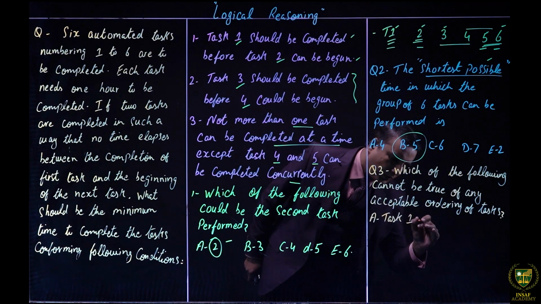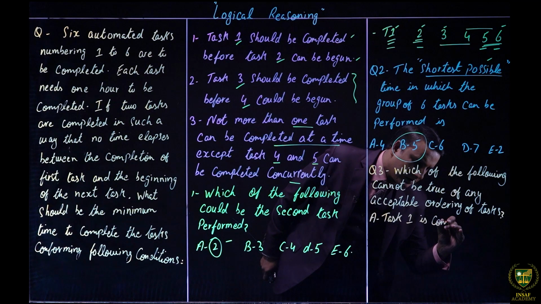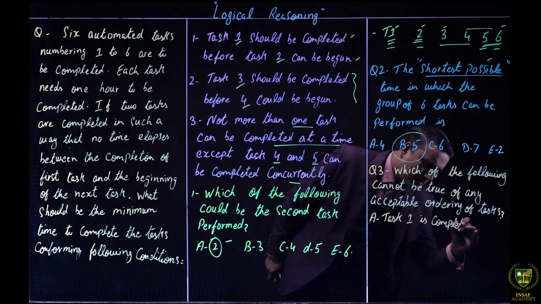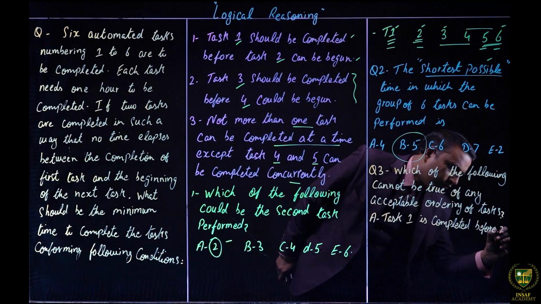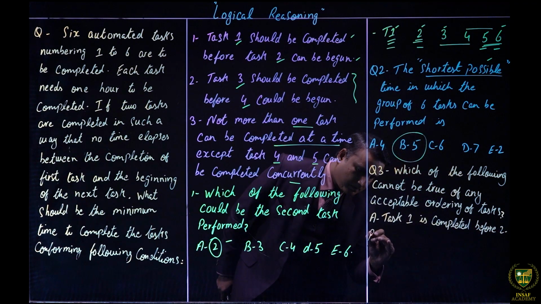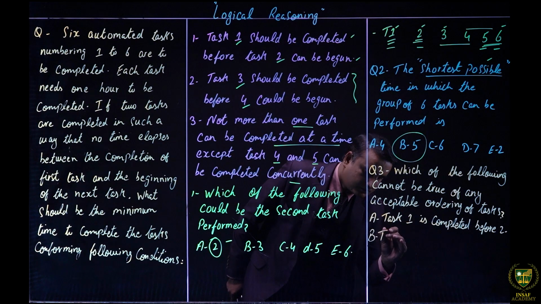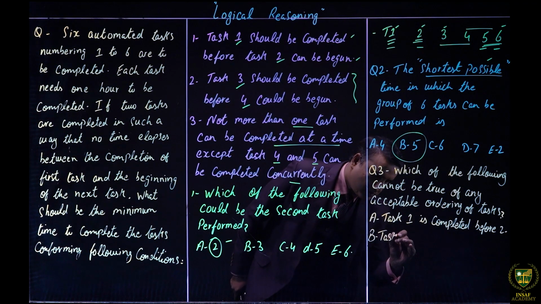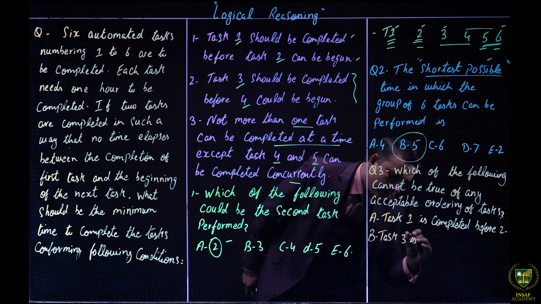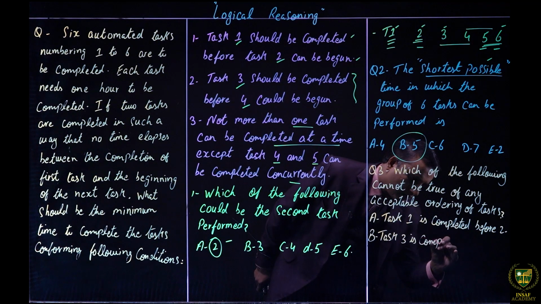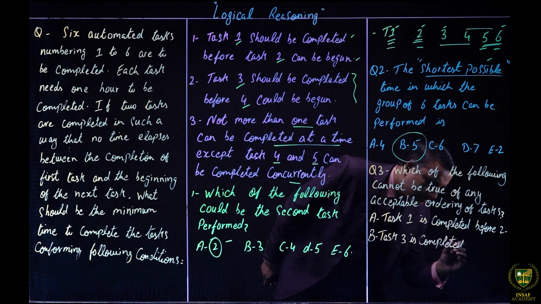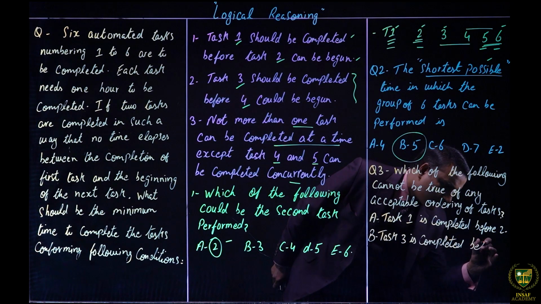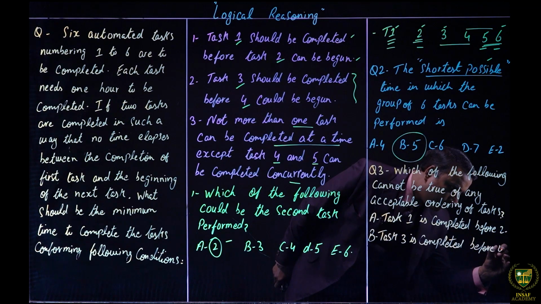Alpha: task 1 is completed before 2. Beta: task 3 is completed before 4.